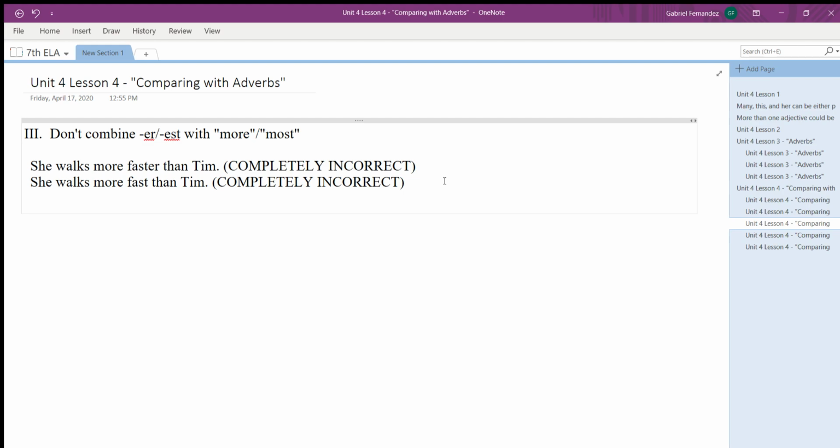How do you know if it has an ER? Well, if you already know that it goes with an EST like fastest, if it goes with one, it has to go with the other. So the correct form of this would be she walks faster than Tim. This is correct. Okay?